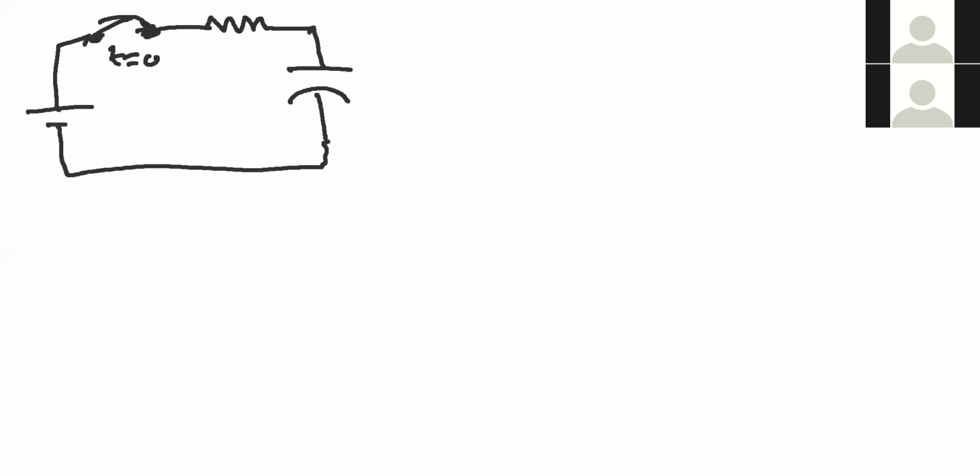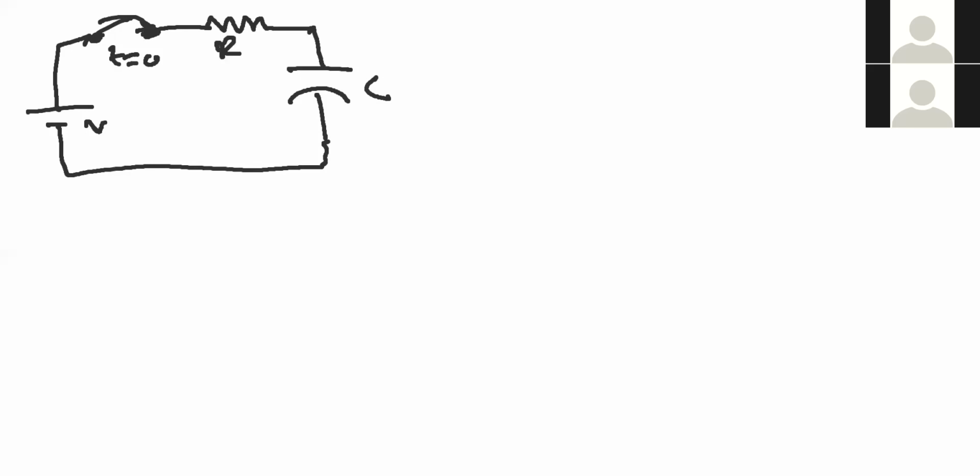So this is the switch which closes at t equal to 0, and then you have the DC voltage source. This is the capacitor. This is the R resistor.